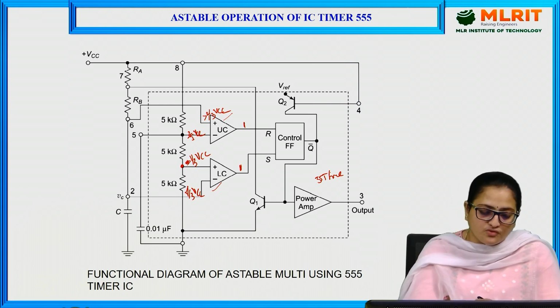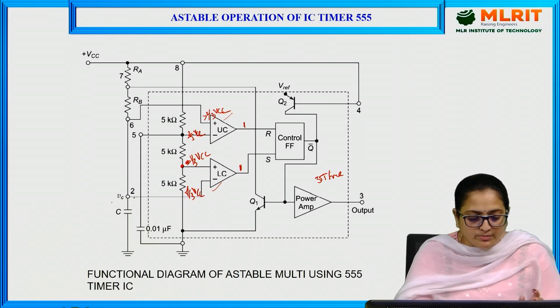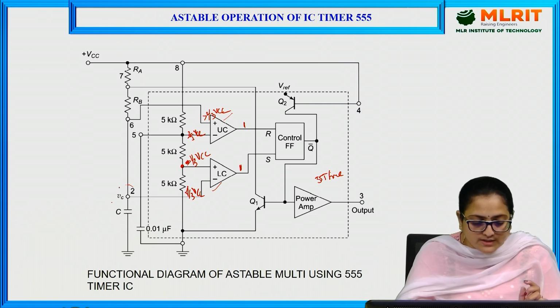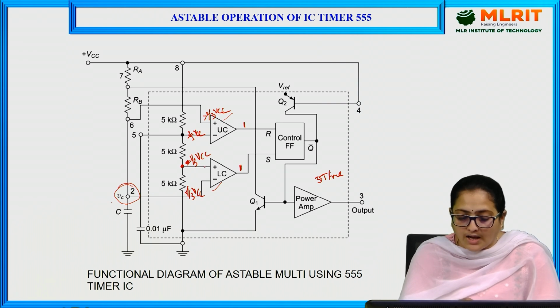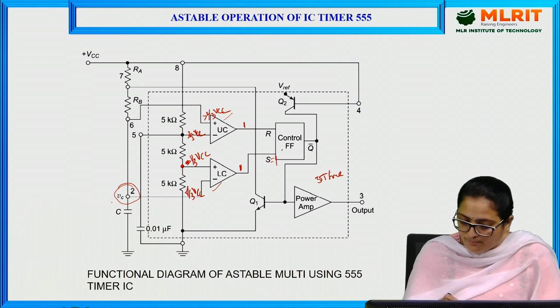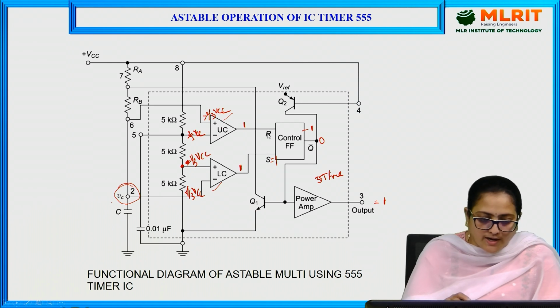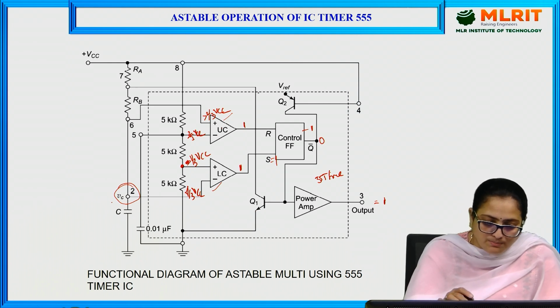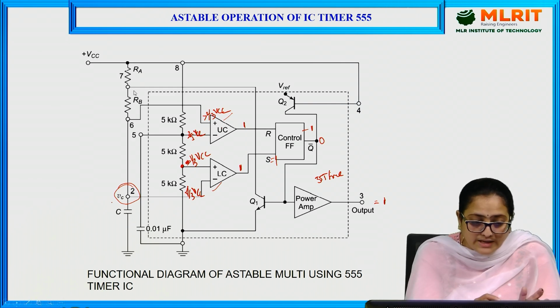For example, if I consider that a negative triggering pulse has been applied at terminal 2, I am assuming a negative voltage has been applied across terminal 2. The lower comparator produces an output of 1, which sets the flip-flop. So Q will be equal to 1, Q bar will be equal to 0 and the output will be equal to 1, and the capacitor will charge through the resistors RA and RB.